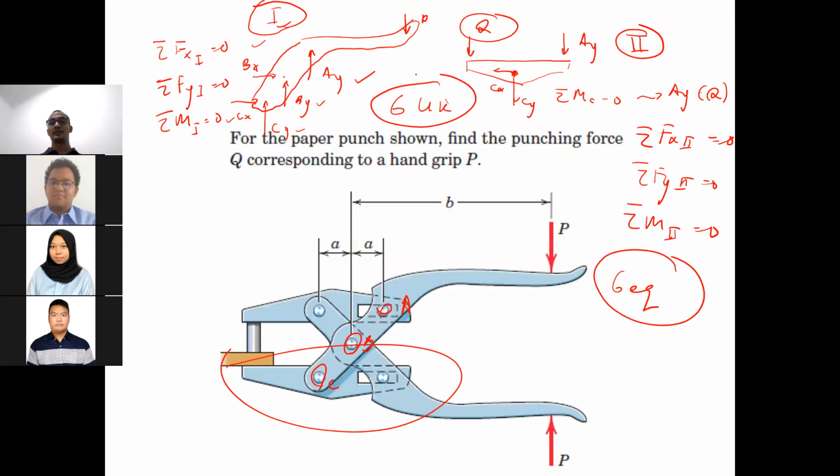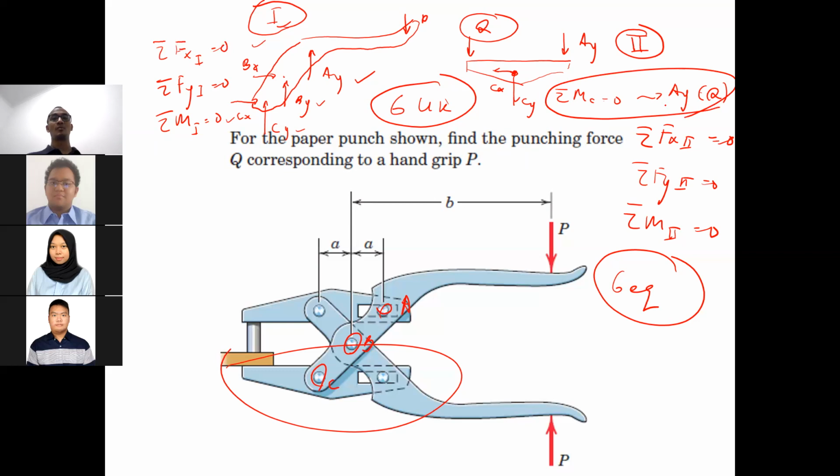So basically, it's supposed to be simpler to solve for the second free body diagram. This is what I can suggest to you, because in the second free body diagram, we only have 4 unknowns.